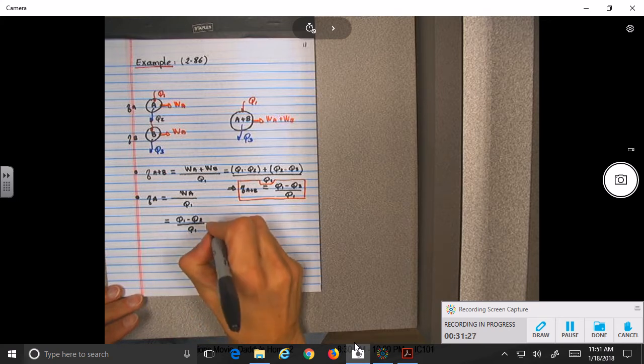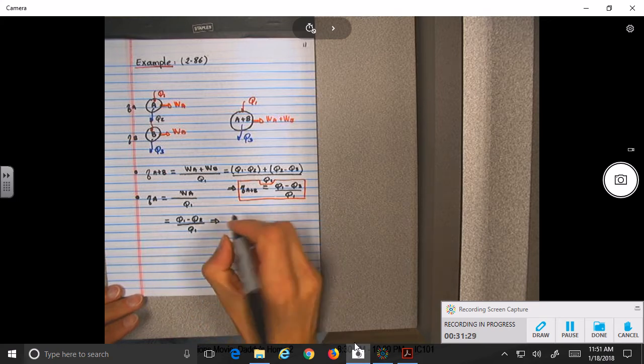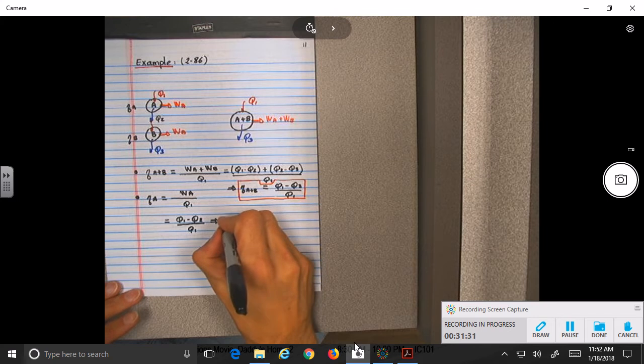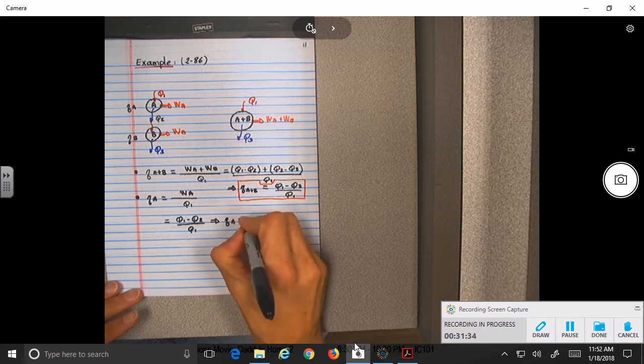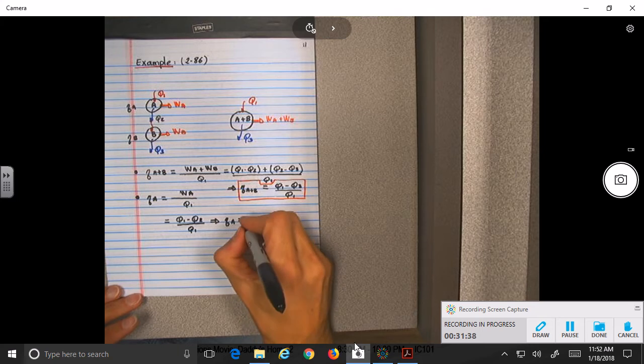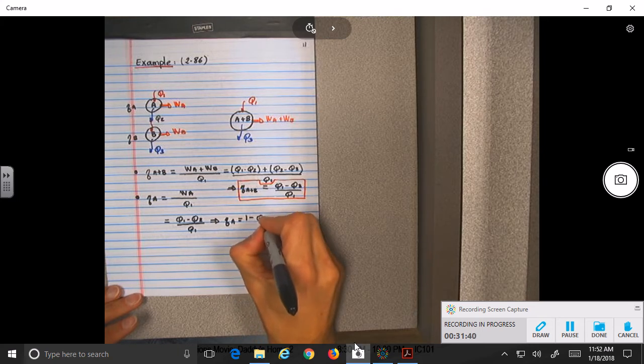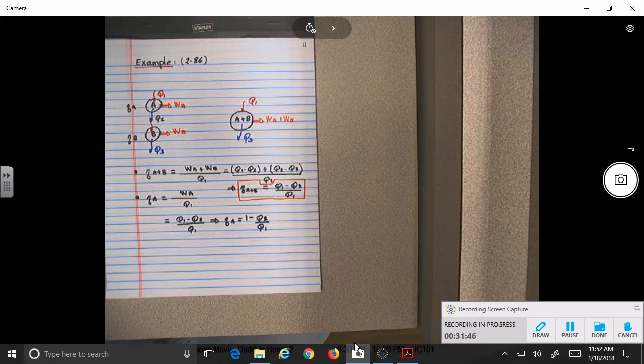So this will give you that the efficiency A will be equal to 1 minus Q2 over Q1. All right?